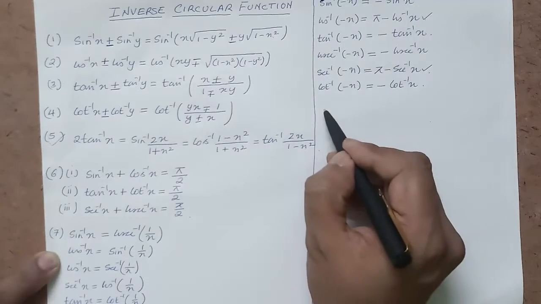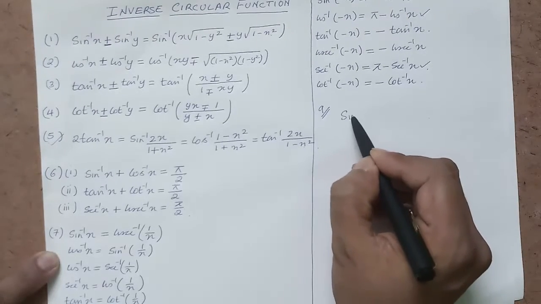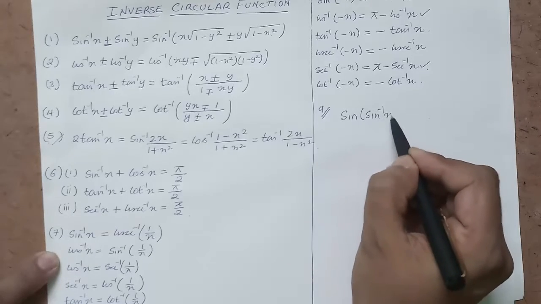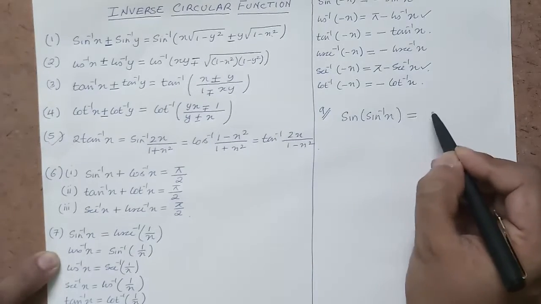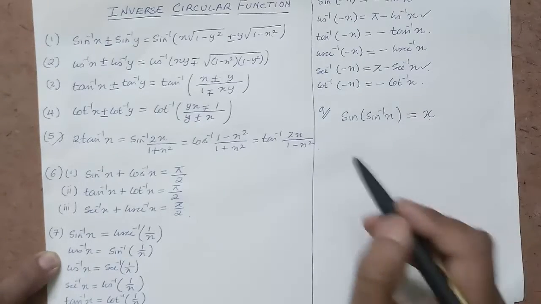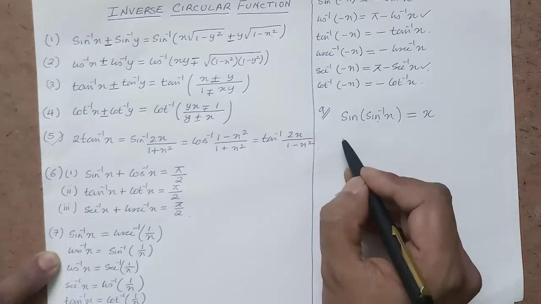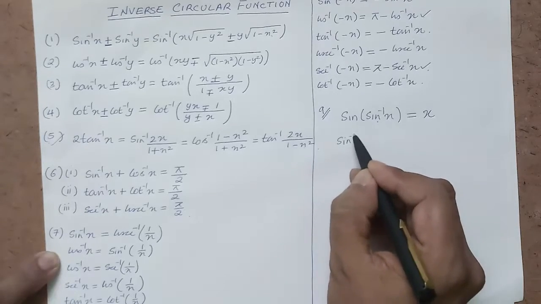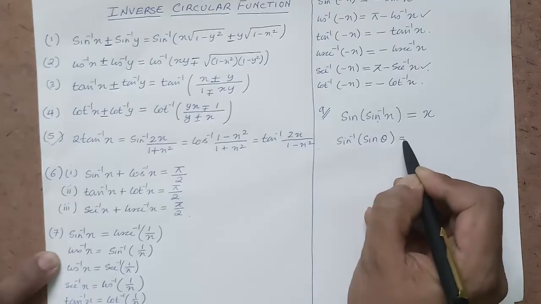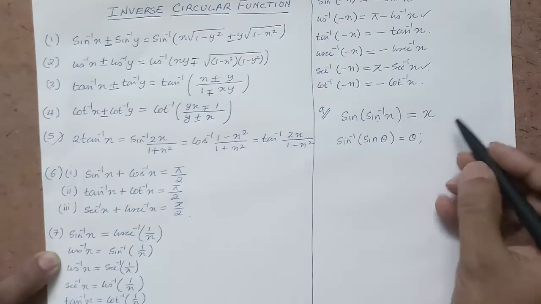Now next is property number 9. This property is important. Suppose it is sine of sine inverse x, directly we can write this equals x. Sine of sine inverse x equals x, because the inner function is sine inverse, so directly we can write the value. But if the outer function is sine inverse and the inner function is the angle sine theta, then sine inverse of sine theta is also theta, but there are some conditions.